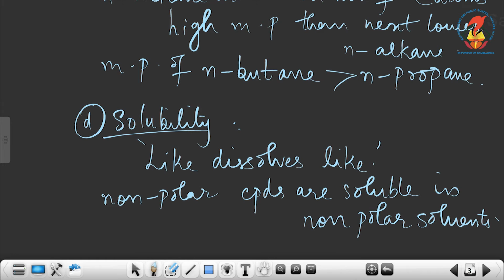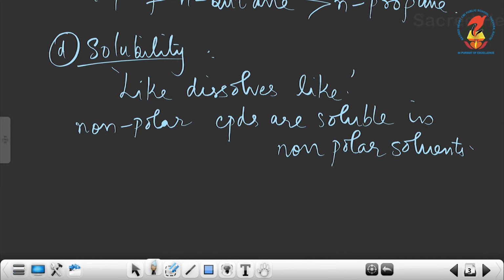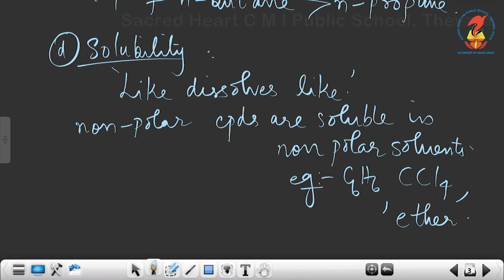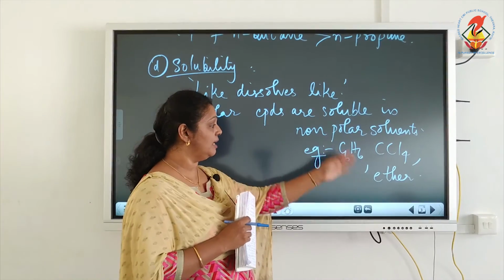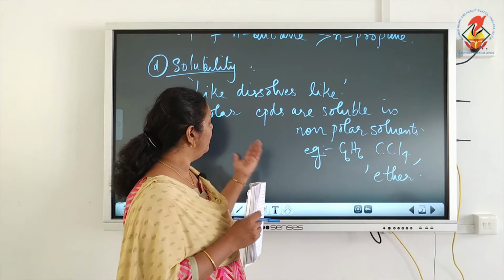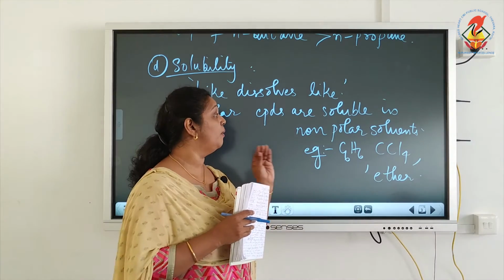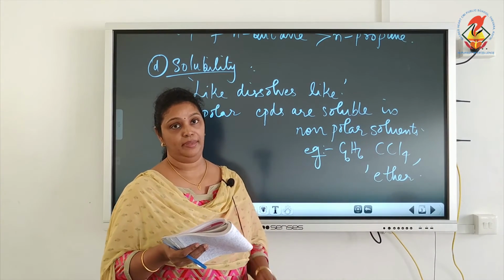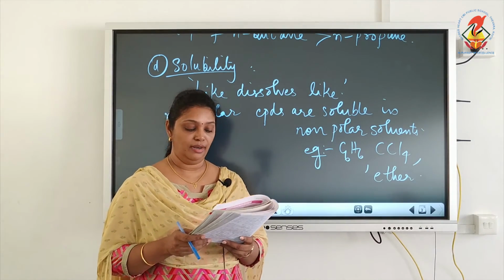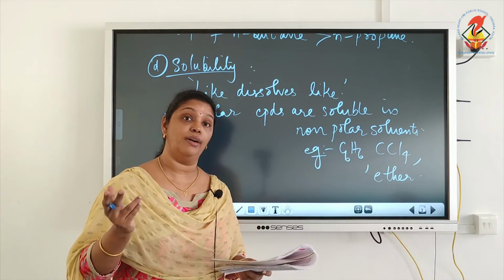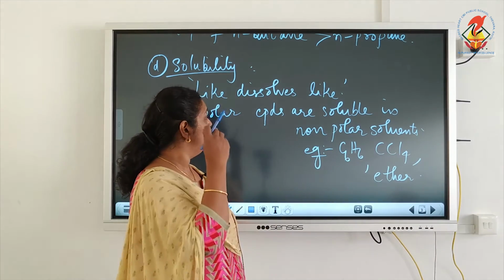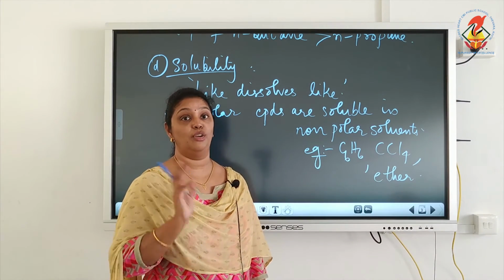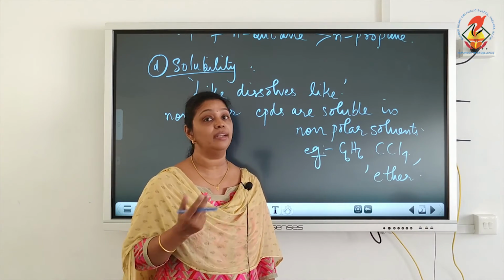Alkanes are non-polar in nature, so they are soluble in non-polar solvents, for example benzene, carbon tetrachloride and ether. Non-polar compounds are insoluble in polar solvents. Polar solvent means water, so alkanes are insoluble in water, alcohol, etc., because water and alcohol are polar solvents. Polar compounds are soluble in polar solvents and non-polar compounds are soluble in non-polar solvents.